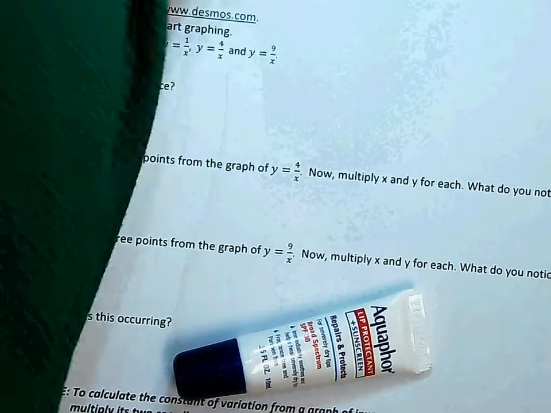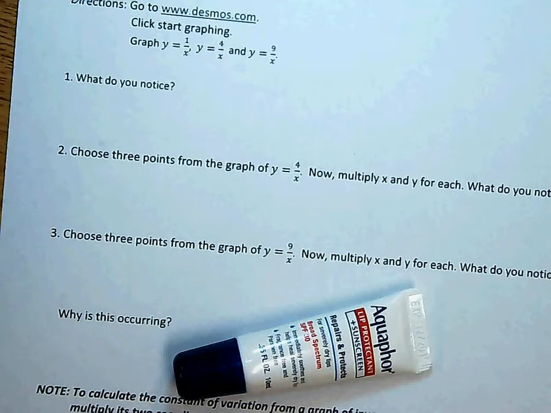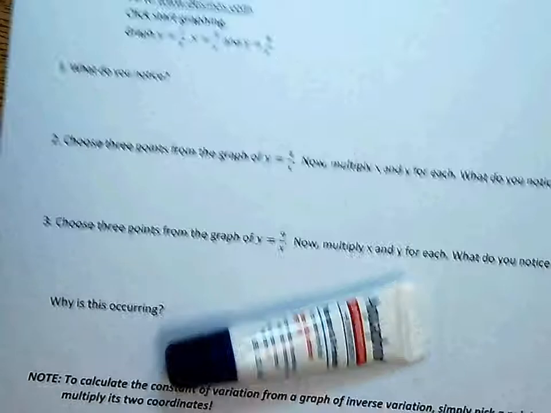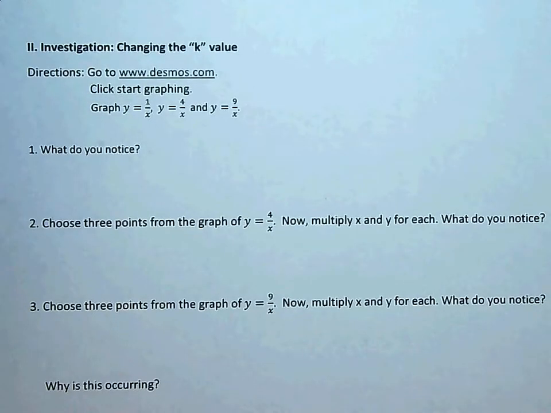When you multiply them together? Yeah, why is it occurring? Because of the equation? Kind of, yeah.